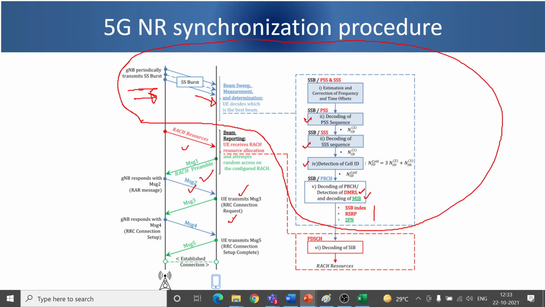So that is message 3, and the gNodeB responds with the RRC connection, and then finally message 5. Once the RRC connection message comes, it is acknowledged by the UE, and finally a connection is established.